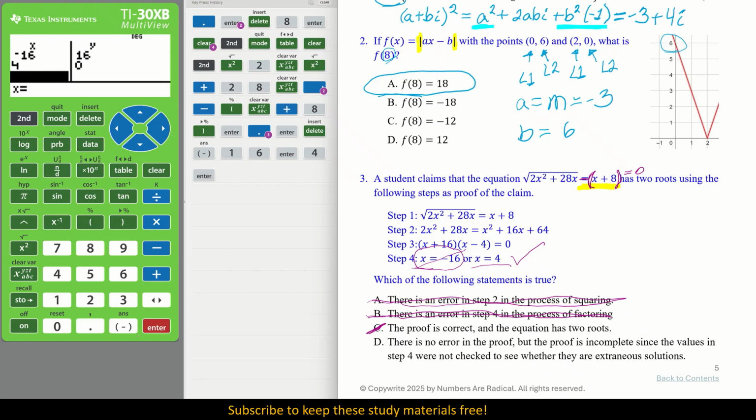Okay, but I will agree with this part. The proof is correct, but there are not 2 roots. Let's read D. There is no error in the proof, but the proof is incomplete since the values in step 4 were not checked to see whether there are extraneous solutions.